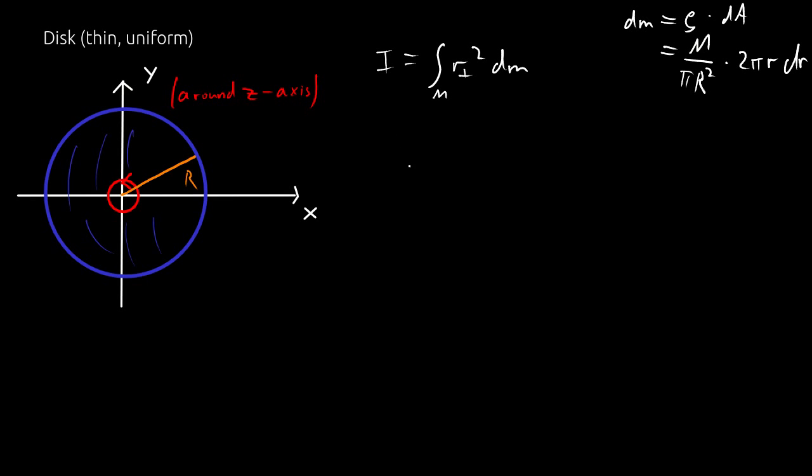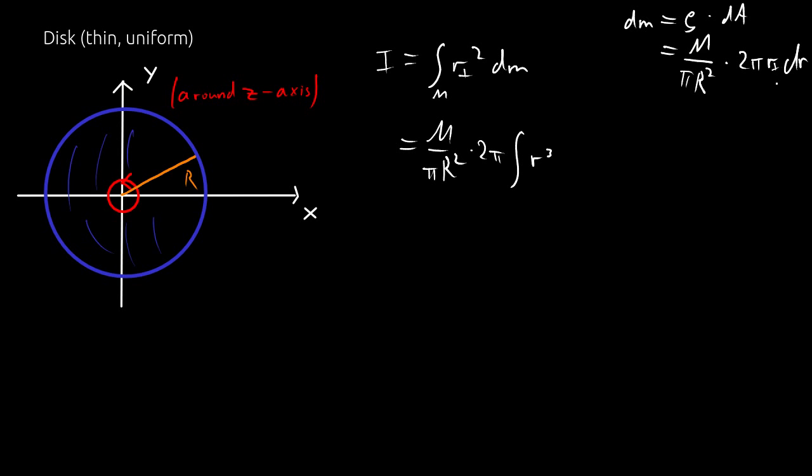So we just write this, m over pi r squared times 2 pi r. This r belongs into the integral over r, basically r cubed, because this r perpendicular is basically the same thing as this r, so these are basically equal.